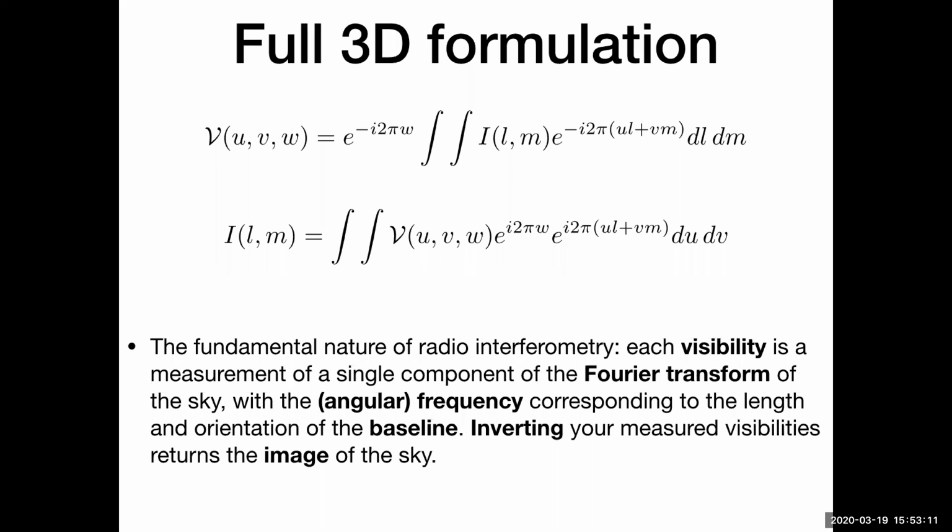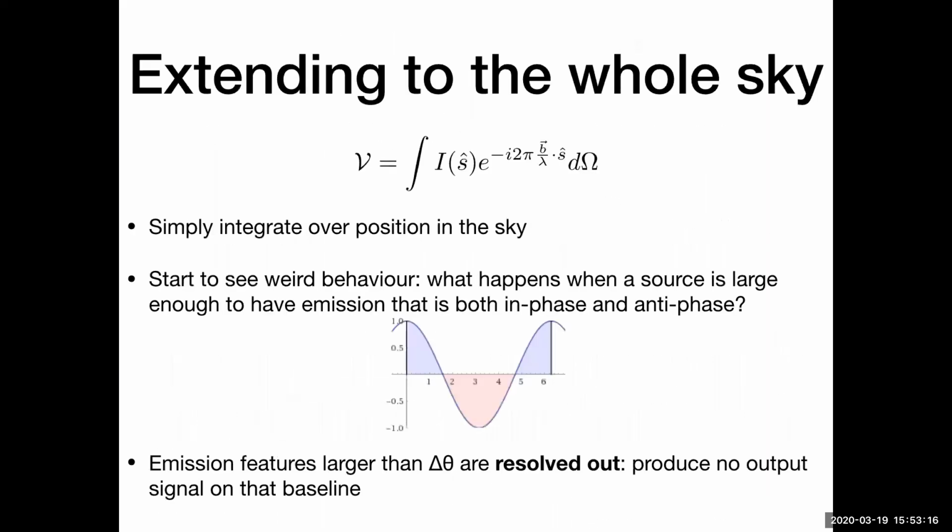Well, it's a function of your baseline length. So that was this idea of things being resolved out. Basically, it's the length on the sky that you need to get a 2 pi phase difference.